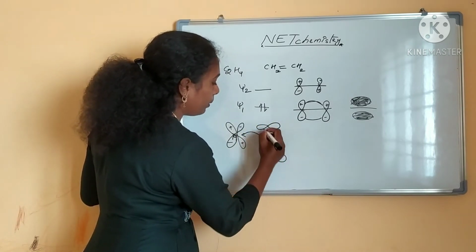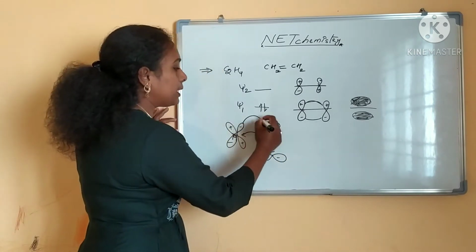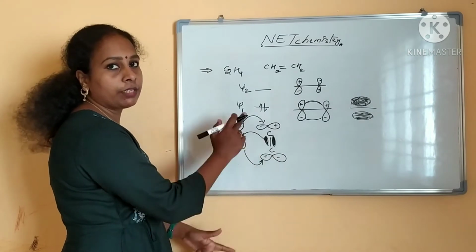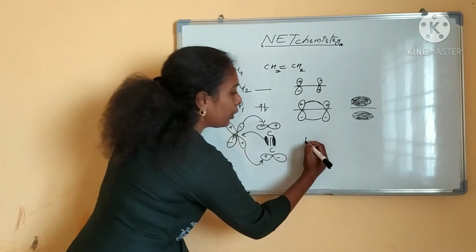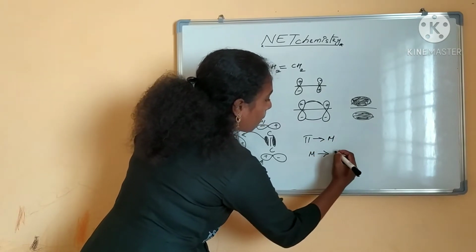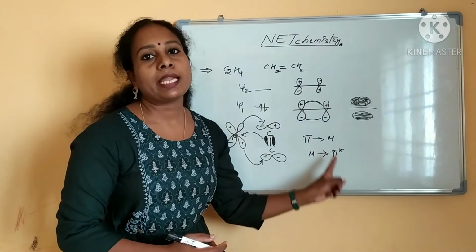The pi star orbital will be here, and the pi star orbital will receive the electron density from the metal. Pi electron density flows to the metal, and from the metal the pi star orbital will receive the electron density. This is the way it is back bonding to the metal.